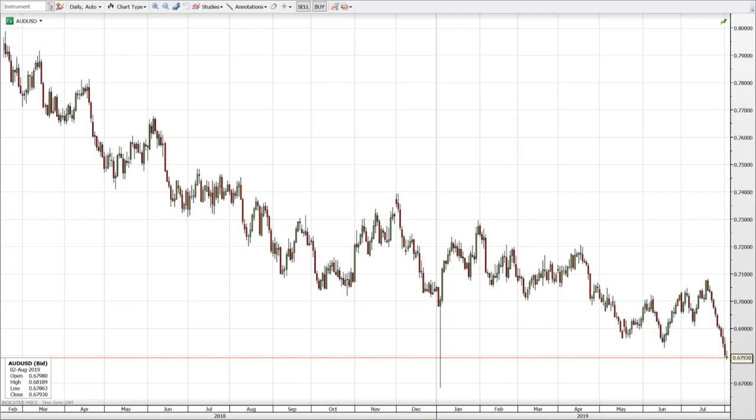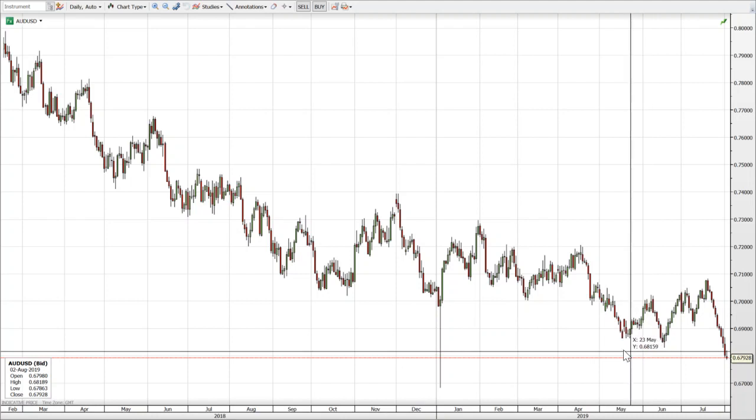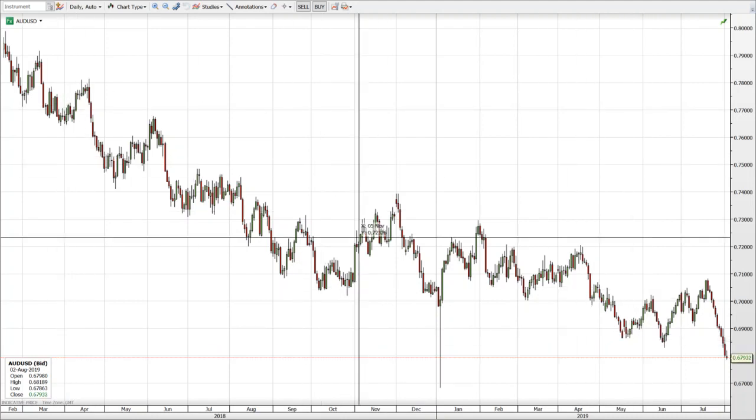It's a different way to play the whole China thing, trade war thing, other than buying gold. And it's also something that will benefit if the US dollar strengthens. Technically, it's at new lows. Intermarket, as we've seen, it's broadly weak.